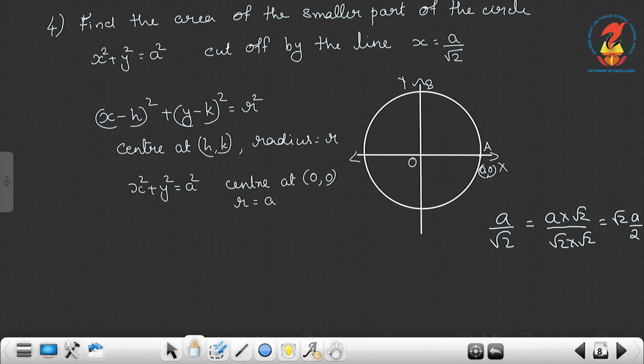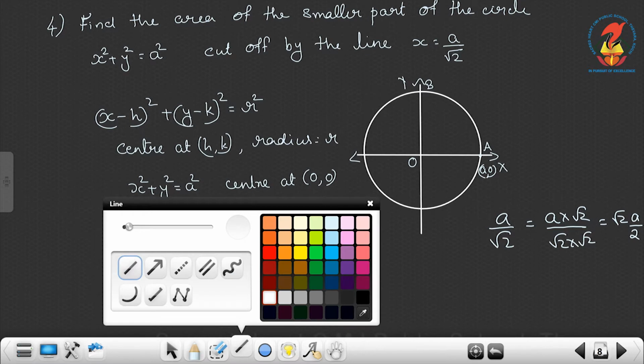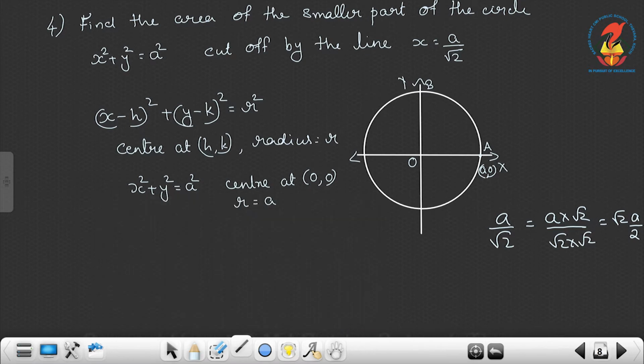So the line is closer to this a. Okay, so we can draw a line like that. So this line is x is equal to a by root 2.